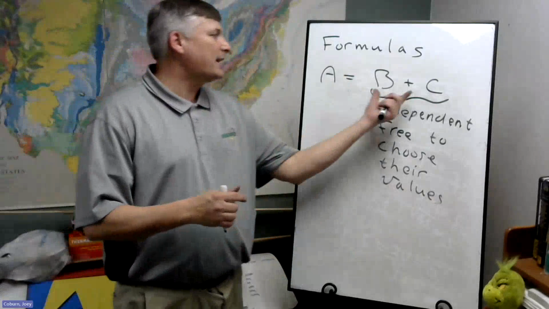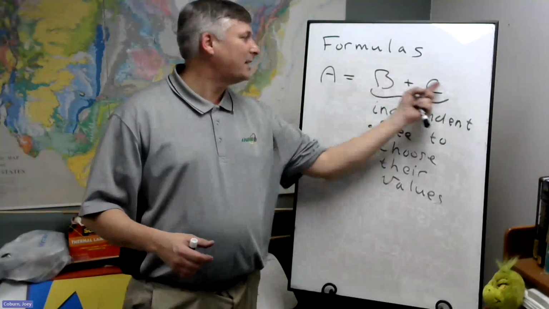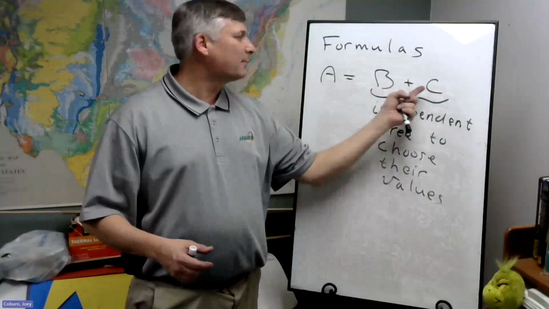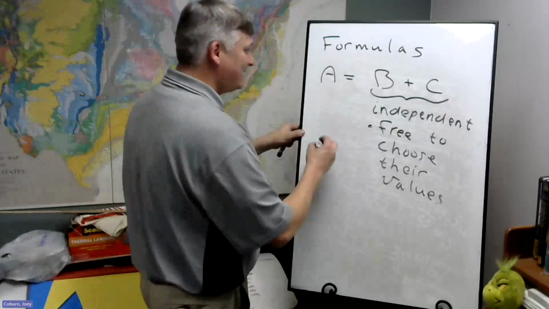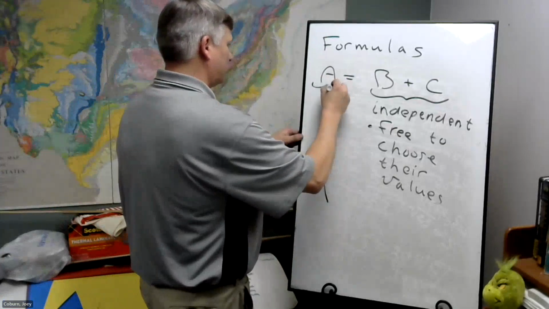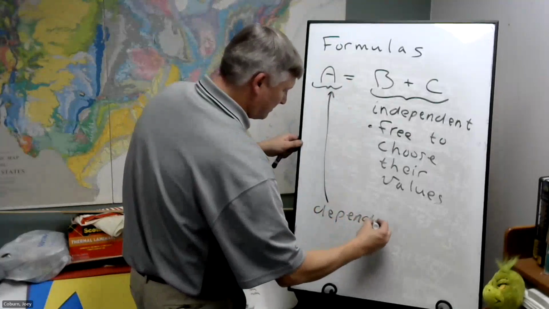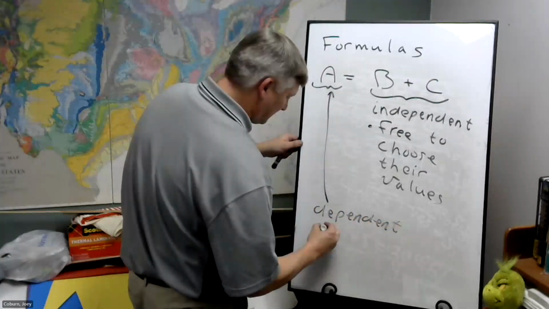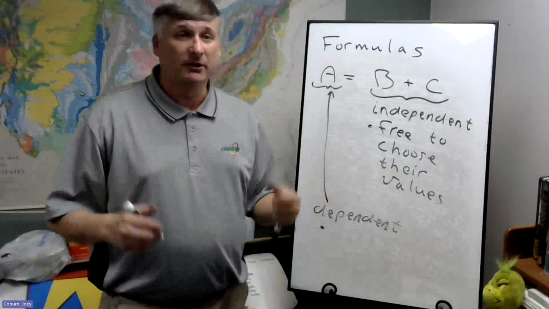And then once we make that choice, we're going to compute the arithmetic and get a number here. And this number will now become the value of this. This is the dependent variable. This is the variable whose value we discovered.